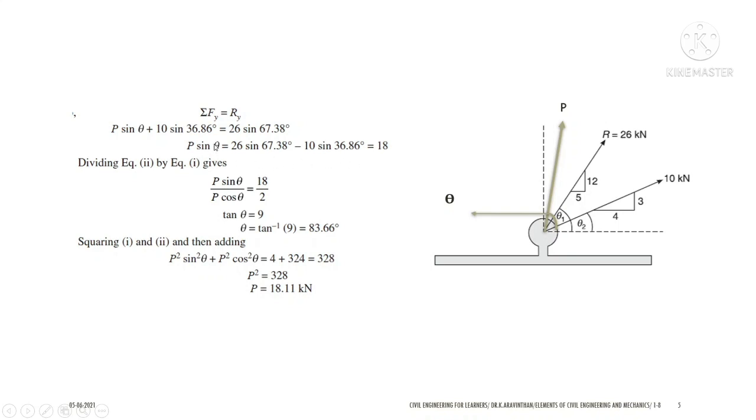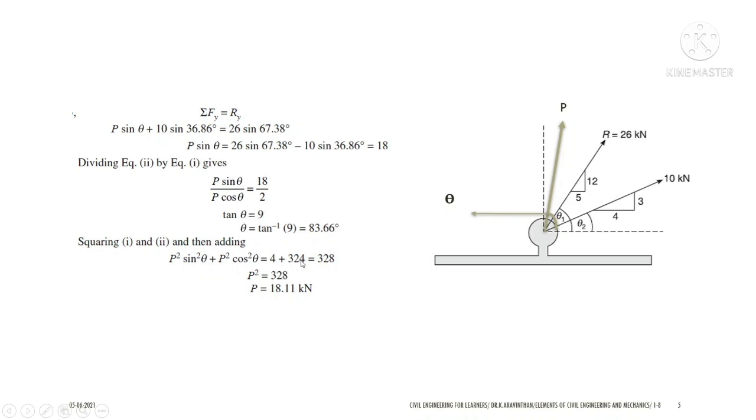So if you take sin of theta equal to 83.66, you will get some value, and you can divide 18 by that answer, and you will get P. Or else you can square equations 1 and 2. If I square that, P square sin square theta plus P square cos square theta equals 18 square plus 2 square.